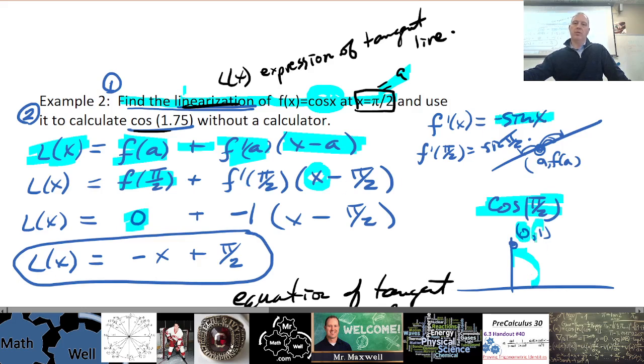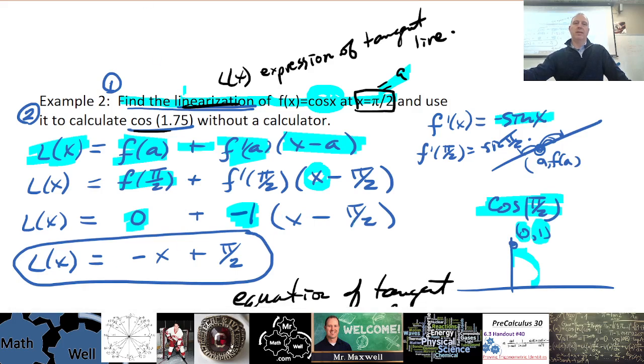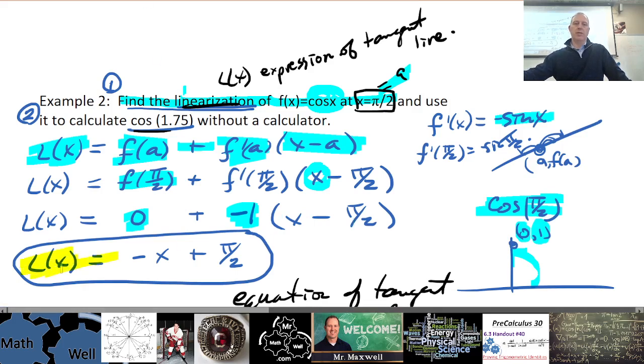Sine of pi over 2 is positive 1, and so negative sine of pi over 2 is negative 1. Again, don't plug an x value in yet. Let's just write the formula: times x minus pi over 2. When simplified, here's our linearization.